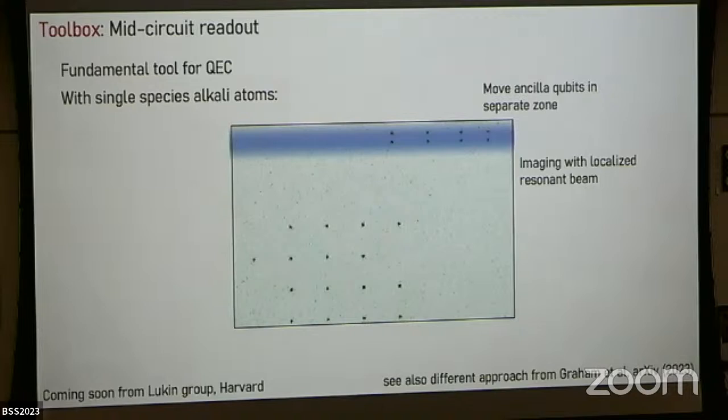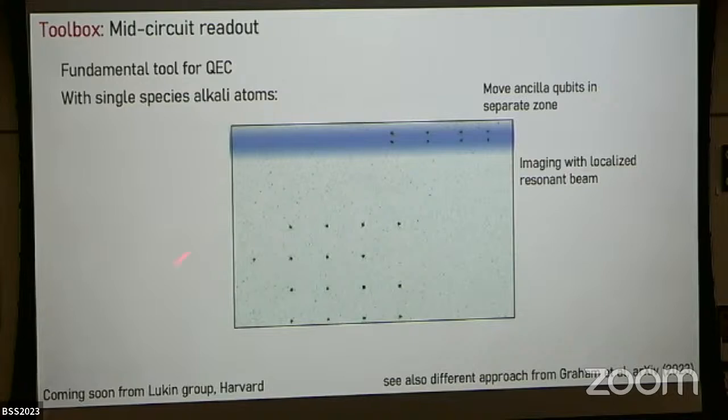And then we can localize an imaging beam only on one of the two groups of atoms. For example, here, if we move the ancilla atoms up here, we can only image these with a resonant beam and leave these atoms alone and unperturbed.